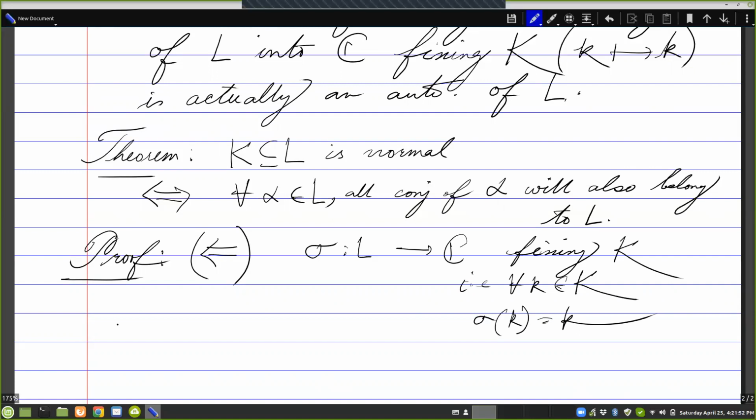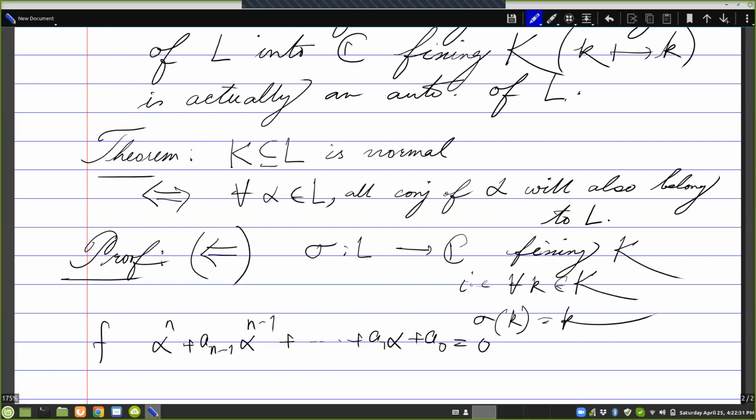let alpha be, let f be the monic polynomial x to the power n plus a_{n-1} x to the power n minus 1 plus up to a_1 x plus a_0. Let this be the minimal polynomial of alpha. By definition, when you substitute alpha here, what you get is 0.